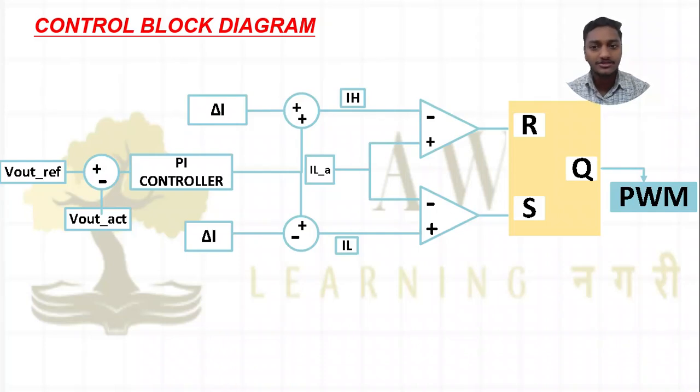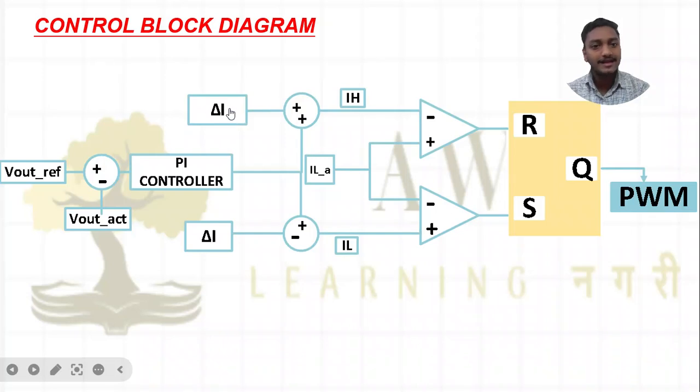This thing we have seen: the requirement for tuning this particular block and how to calculate the KP and KI values. Once that is done, I get the reference inductor current, and then I add delta I to it. Delta I in this case is half of the hysteresis band.